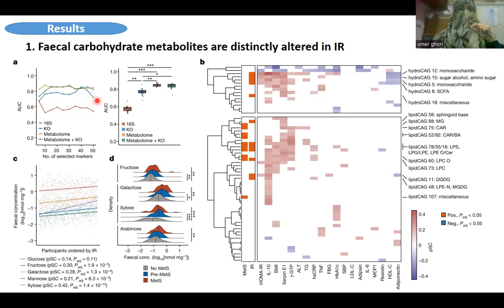Predictor variables for the models were selected using the minimum redundancy maximum relevance algorithm from the fecal 16S ribosomal RNA, metabolome, metagenome, and their merged data sets. The selected features of the fecal metabolomic data generally outperformed metagenomics in predicting insulin resistance, suggesting that fecal metabolomics could be used to study insulin resistance pathogenesis.